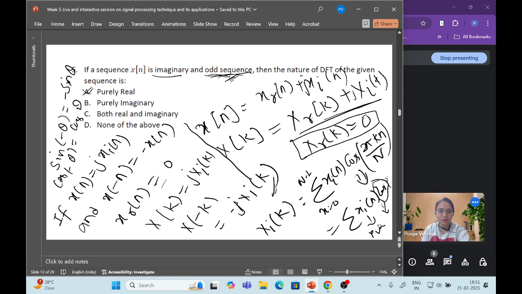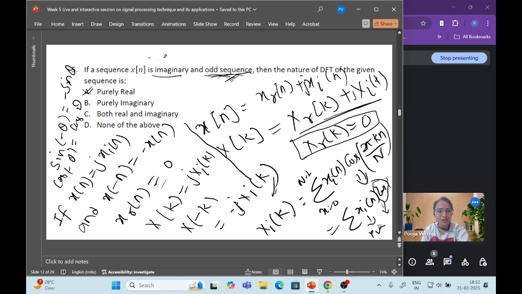If you are putting all these things in that equation, first you need to take the real part, and then you have seen that minus sine theta is odd, and if you put X_R(k) equal to 0, that means the function will be 0. Now if you apply the odd part, you get cos theta only, so no minus sign.